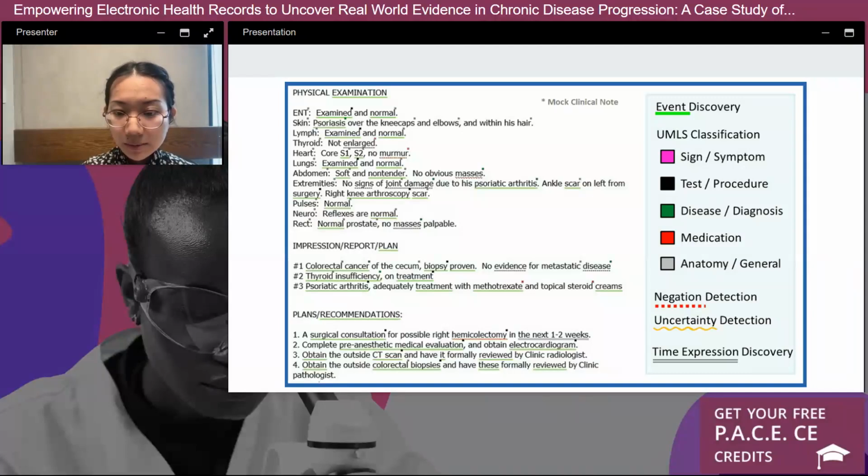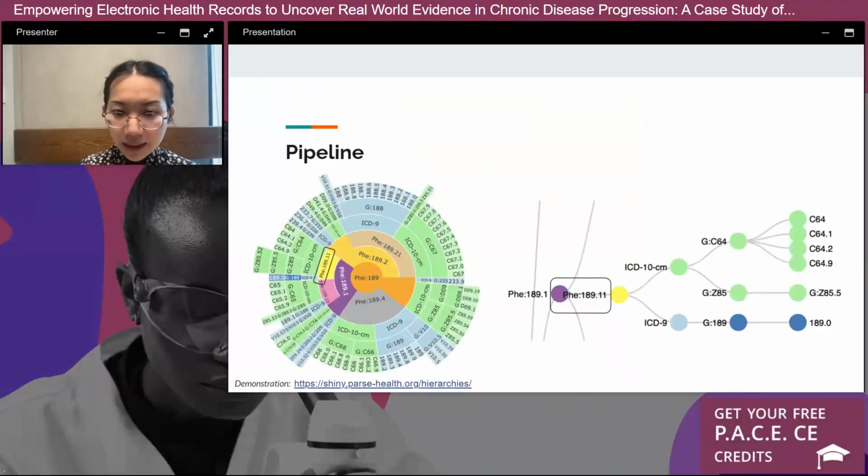For instance, these two concepts do exist, so they have positive existence, but then here it says no evidence for metastasis disease. So this metastasis disease itself is a negative mention. So you could try to identify those, and then you could turn them into a list of counts. Basically, you can count the number of appearances of the clinical concept. And in doing that, you turn them into a format similar to your ICD code or those standard codes. And in terms of rolling up the local codes, right?